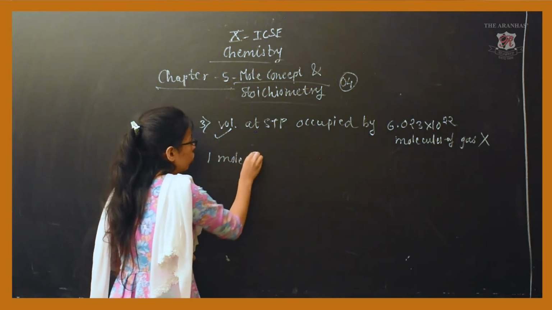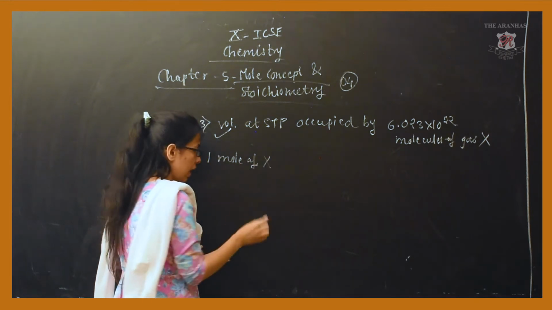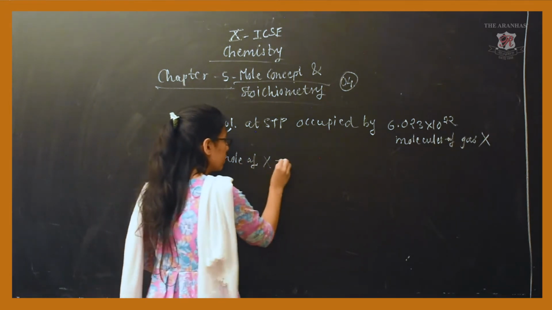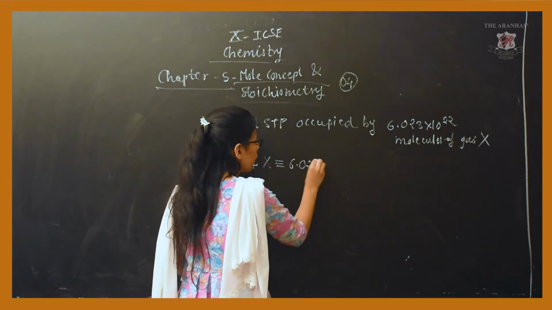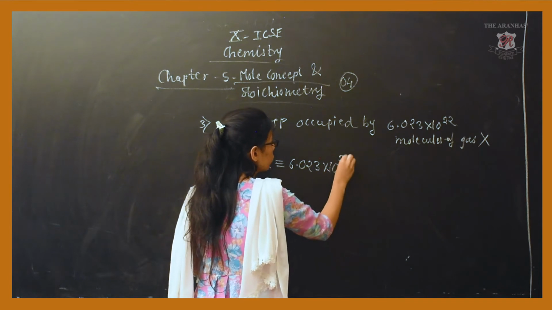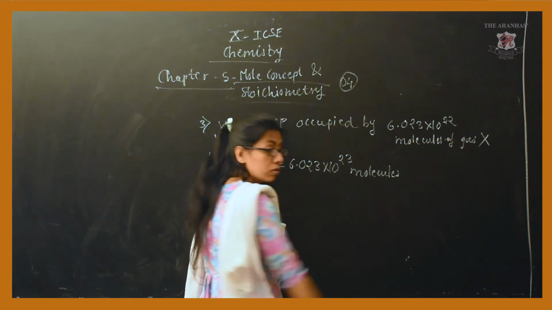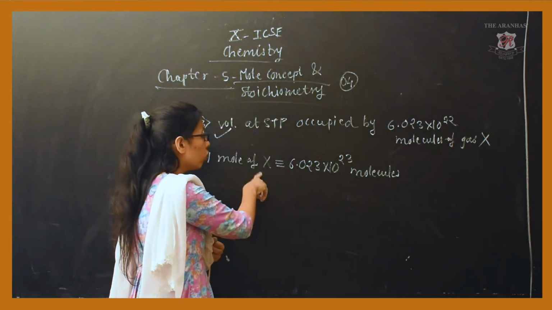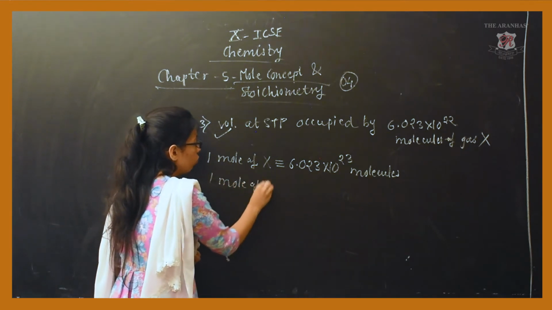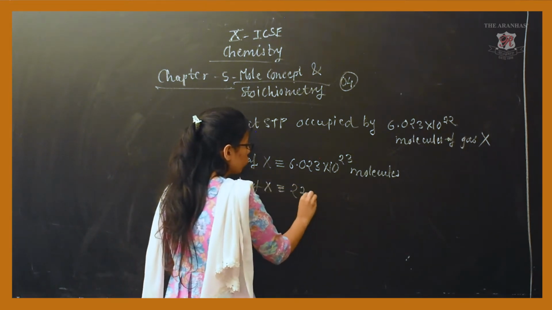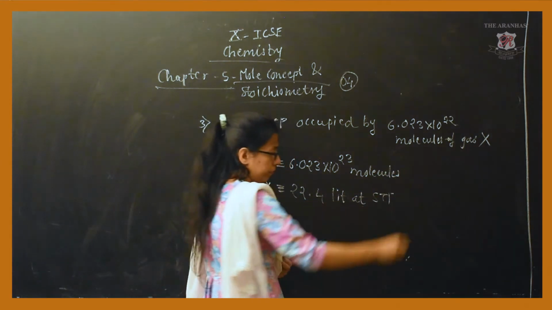So what do I do now? 1 mole of gas X, it doesn't matter whichever gas it is, is equivalent to 6.023 into 10 raised to 23 molecules. And 1 mole always occupies 22.4 liters at STP.